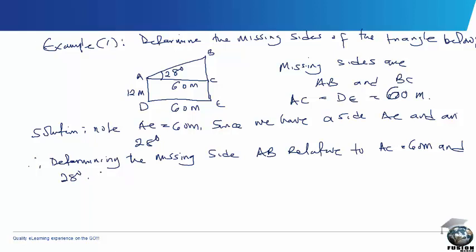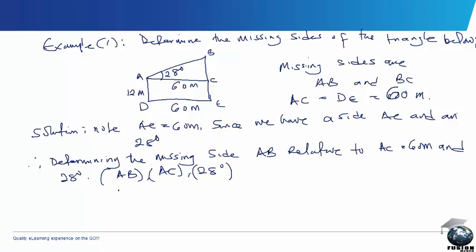So remember that we have three components. We have the side AB, the one we are looking for, and then we have AC, the side we already have that can help us find AB, and then we have the angle of 28 degrees.